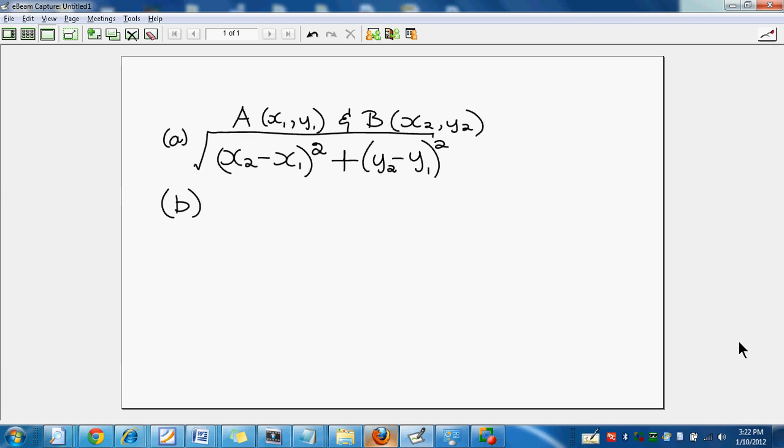The B part of note 3 is the midpoint M with coordinates x bar, y bar.